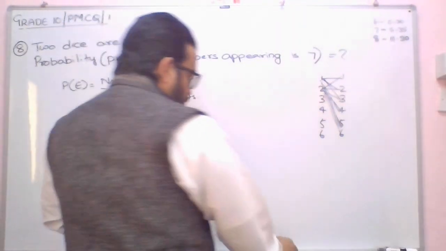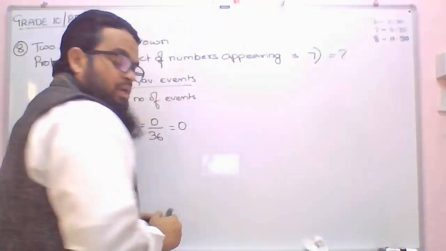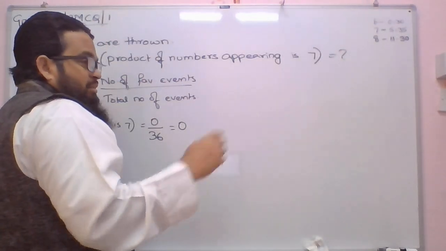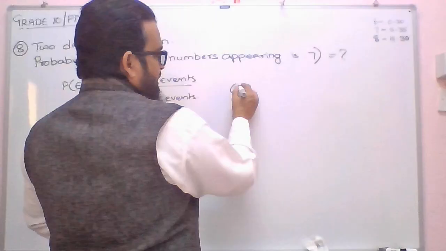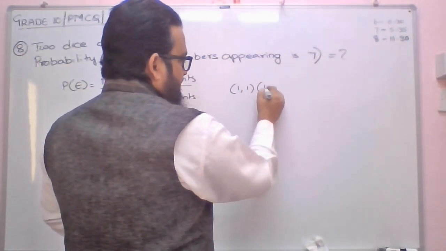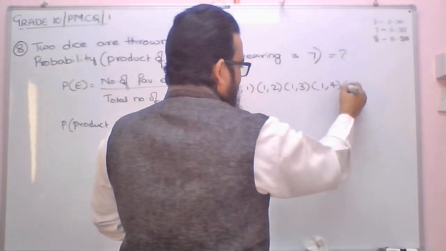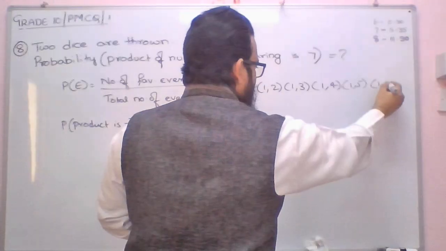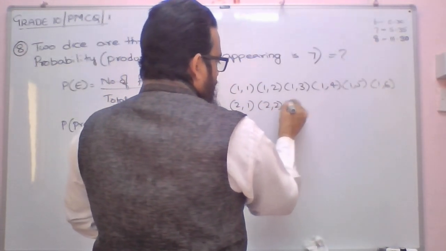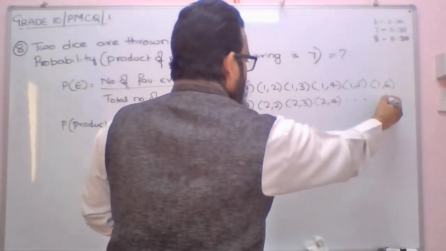But for those students who are unable to understand this, let me explain. When you throw 2 dice simultaneously, the chances can be 1, 1. That means the first dice can be 1 and the second dice can be 1. In the same way, 1, 2; 1, 3; 1, 4; 1, 5; 1, 6. And here 2, 1; 2, 2; 2, 3; 2, 4, and so on till 2, 6.